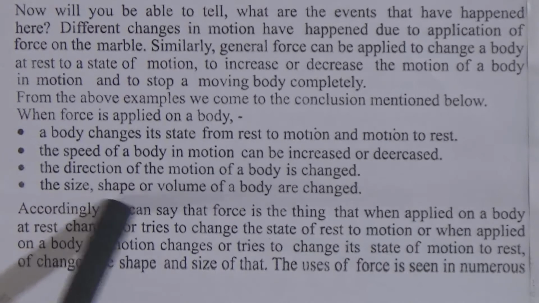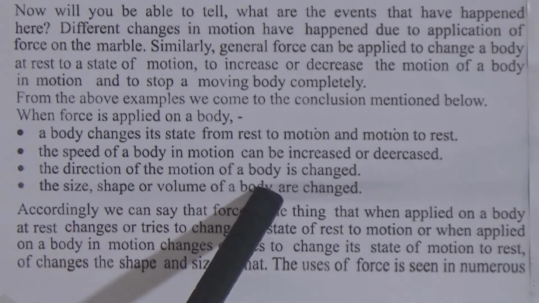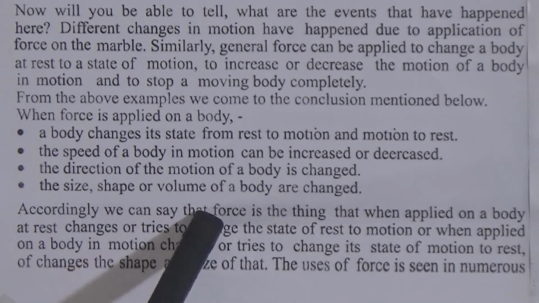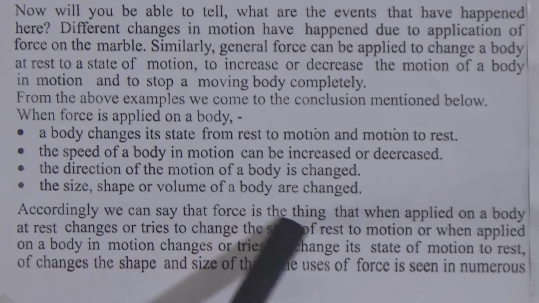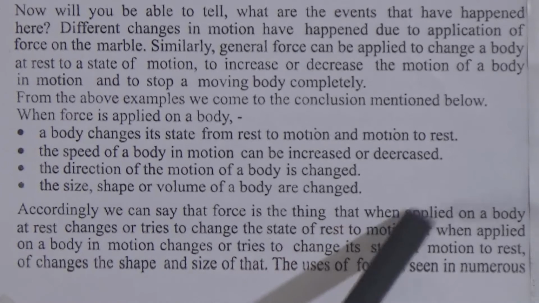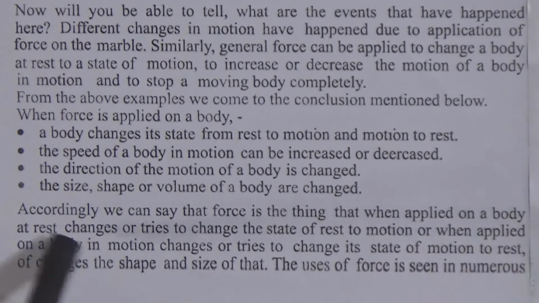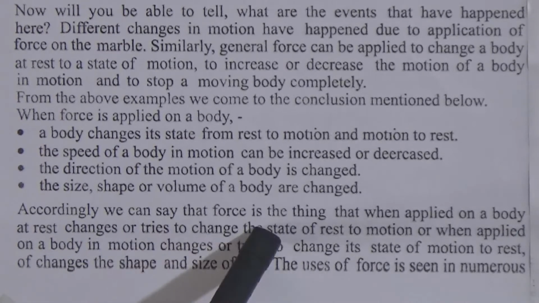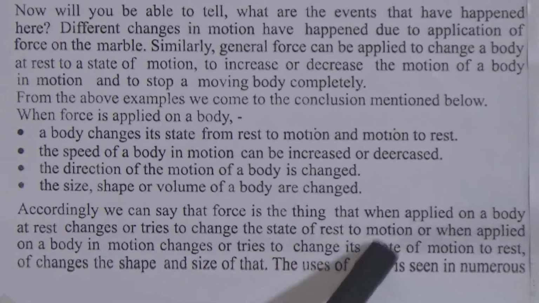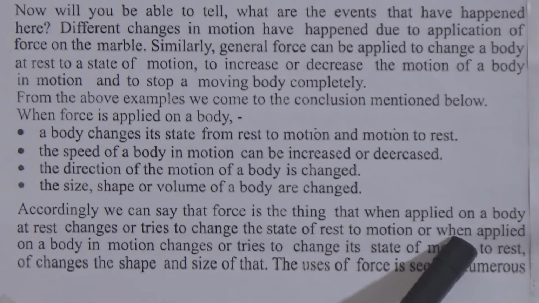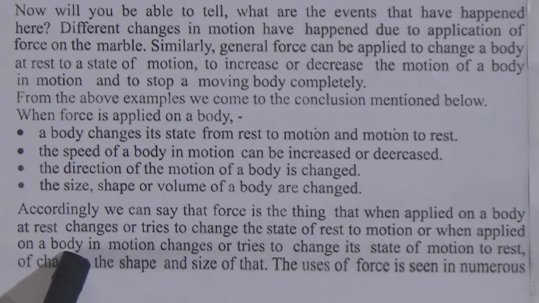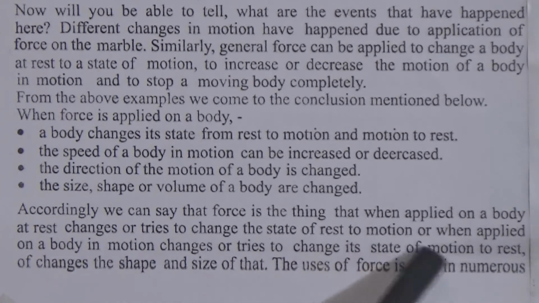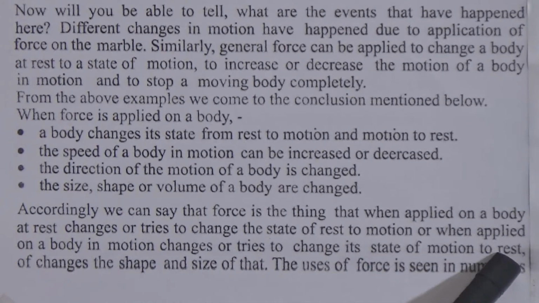Fourth one, the size, shape or volume of a body is changed. Accordingly, we can say that force is the thing that when applied on a body at rest changes or tries to change its state of rest to motion, or when applied on a body in motion changes or tries to change its state of motion to rest.